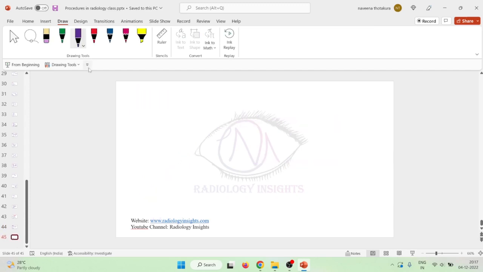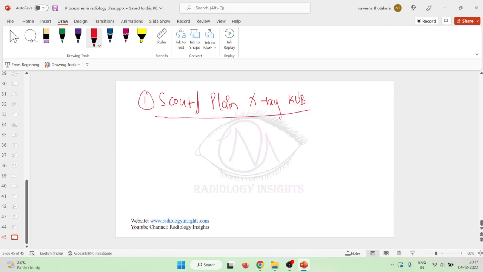So the first film is called the scout film. Scout film is actually the plain X-ray KUB, which is a control film taken in order to see the changes prior to injection of the contrast. This scout film will assess whether there is any calculus or not.